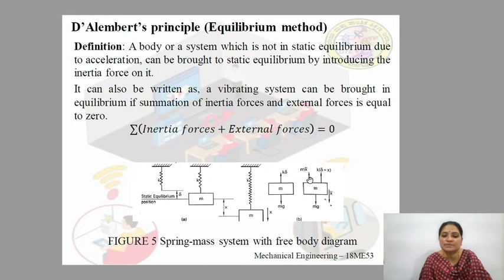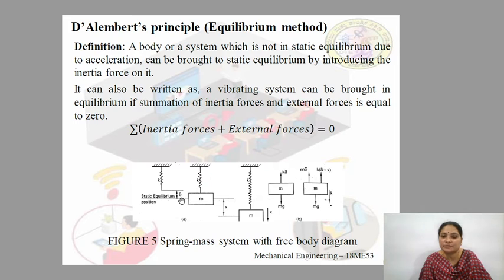The total displacement of the spring is delta plus x. After the mass is attached, the mass has a certain weight because of which the spring is displaced.